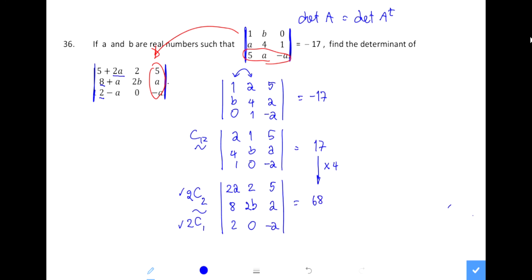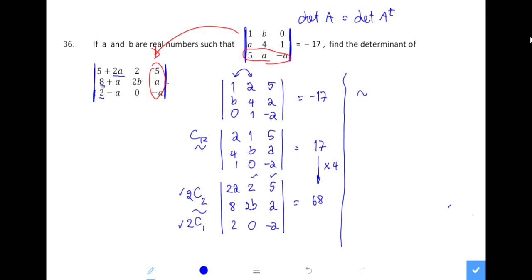Okay, next step. I already have this column and this column exactly the same as this and this. But this is the only difference that we have. So if I want to change this 2a to be 2a plus 5, I'm going to have to add it with this one, because I have a 5 there.